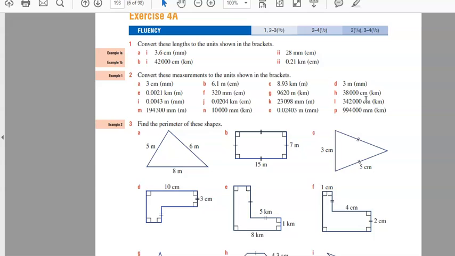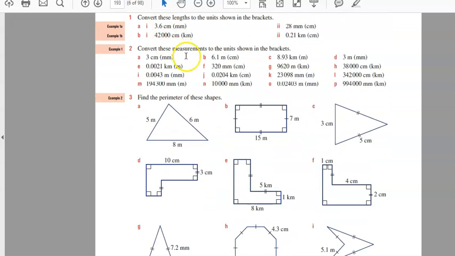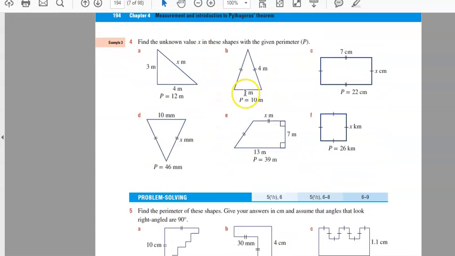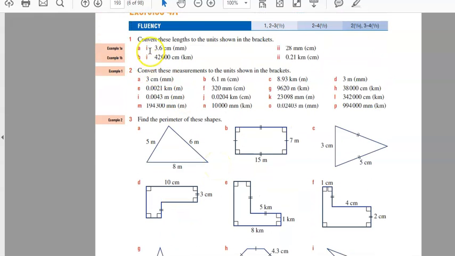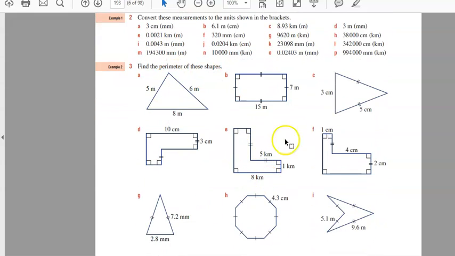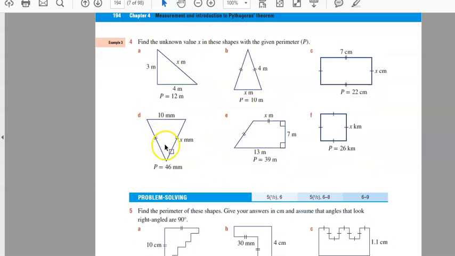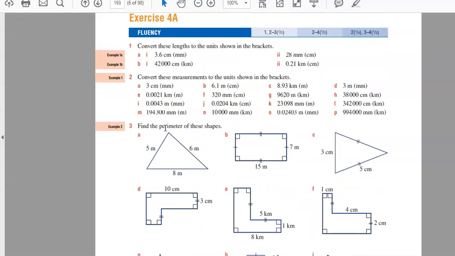The questions that you'll be doing will just be focusing on question 1, question 2, question 3, and question 4. Which questions you'll be doing is: 1, left-hand side; 2, the 2 left-hand columns; 3, the 2 left-hand columns, so A, B, D, E, G, and H; and 4, the 2 left-hand columns here. That's all that you'll need to do for this set exercise.